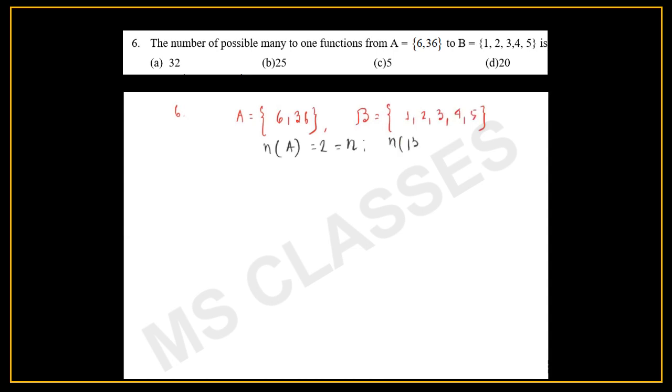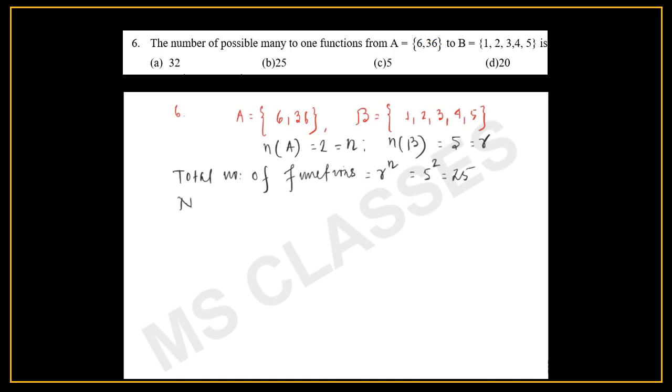What is n(B)? n(B) is 5, which is R. At first we find the total number of functions. That is R to the power of n, 5 to the power of 2, which is 25.